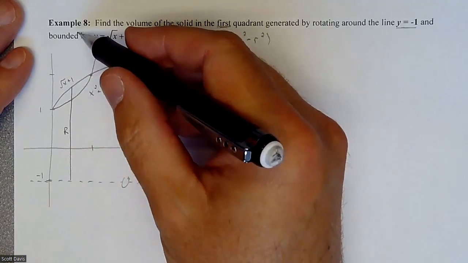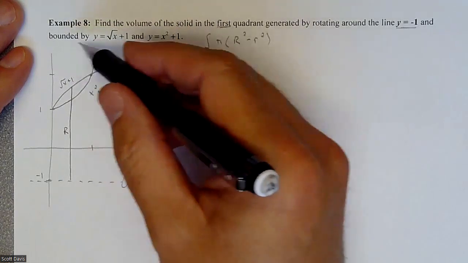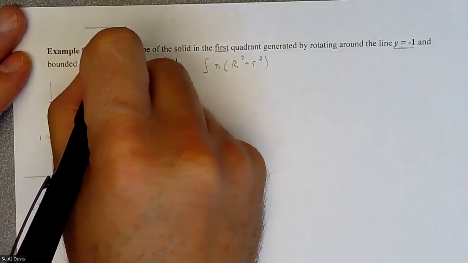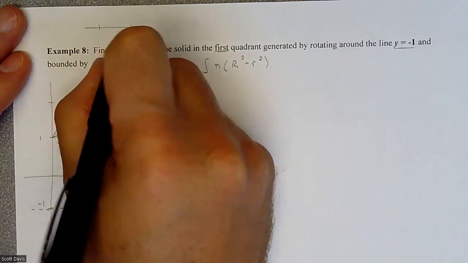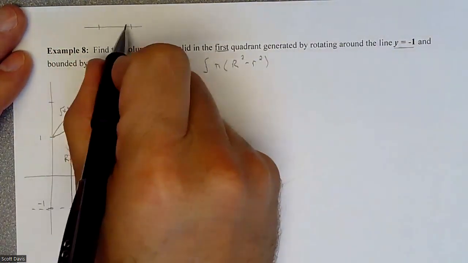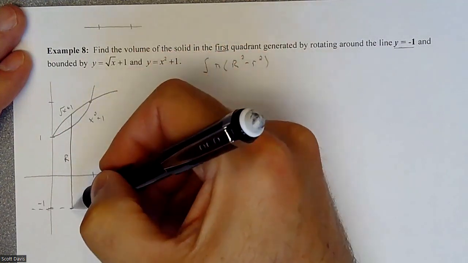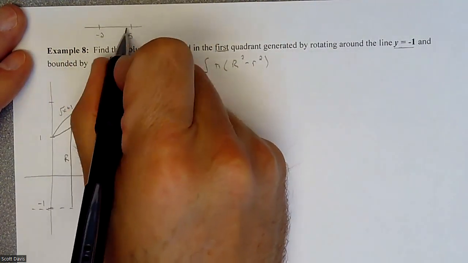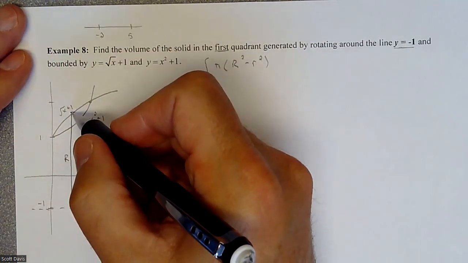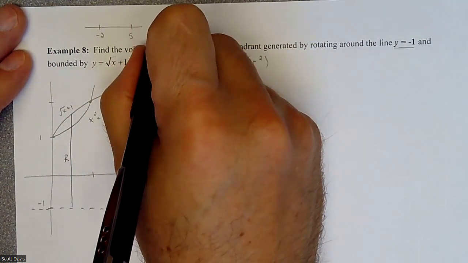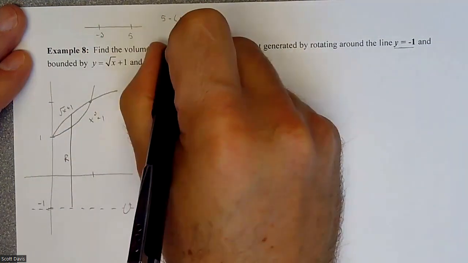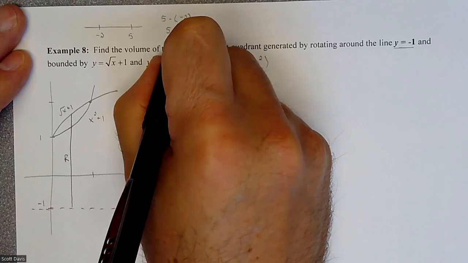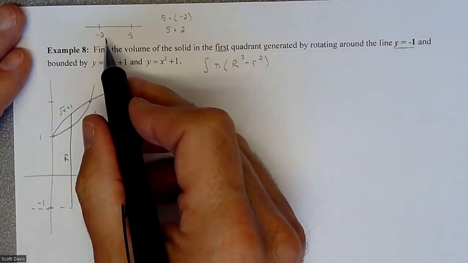Sometimes it's going to be trickier, like if we're rotating around something up above. But here's the logic: if I want to find a distance between two values, even on a number line, I take the larger value, which is the top, and subtract the smaller value. It turns into an addition here because we're subtracting a negative.